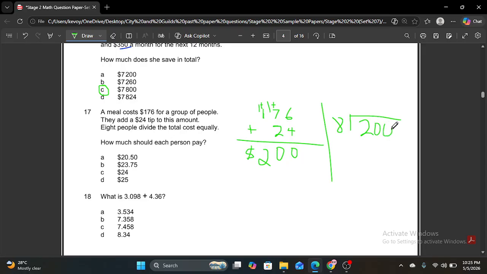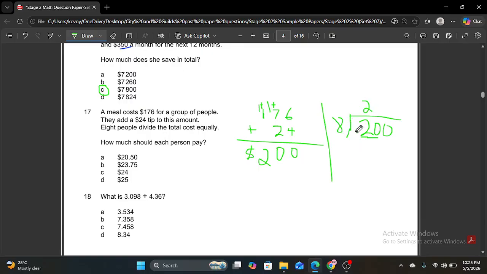200. There's 206. Alright, so first things first, that should be 2. So how many 2 into 20, because 2 can go into 2, so 2 into 20, sorry, 8 into 2 we can't, so 8 into 20, that's just 2.